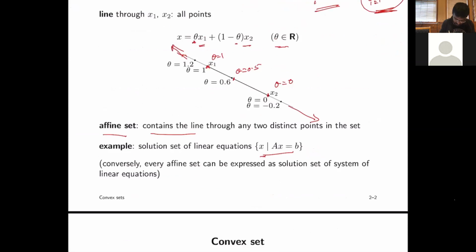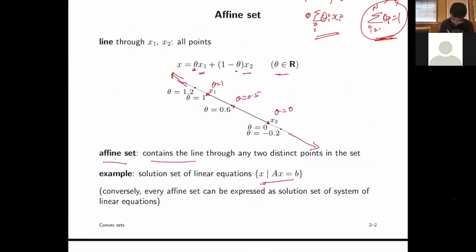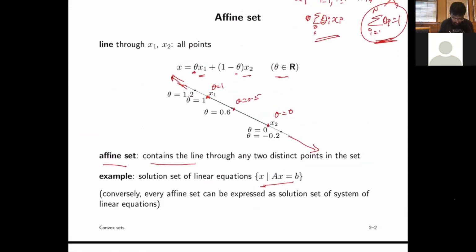So let's focus here. An example of an affine set is the solution set of Ax equal to B. This is a set X such that for a given A and B, this equation is satisfied. Why do you say that this is an affine set?